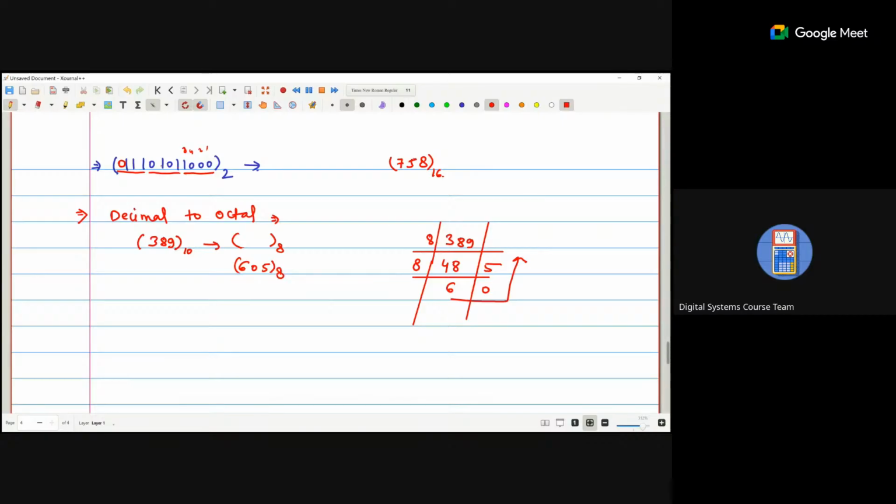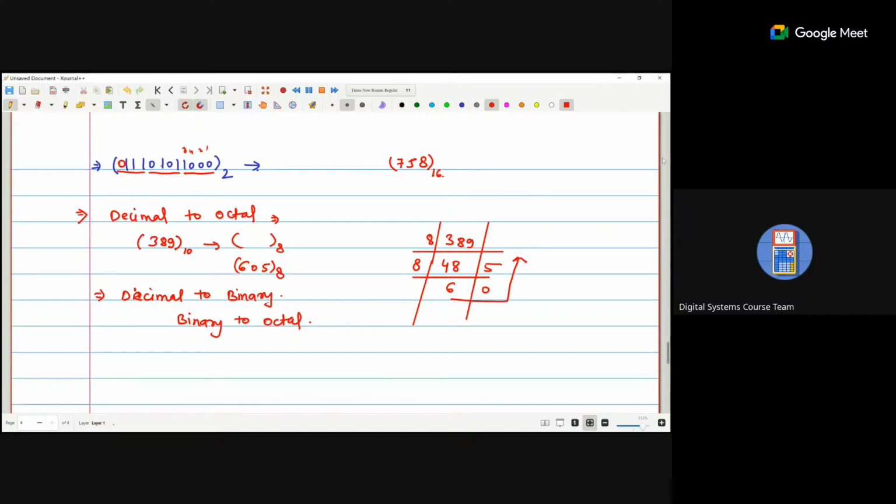Decimal to octal: there is another way also if you are getting confused. First convert decimal to binary, then convert binary to octal. The answer should be the same.